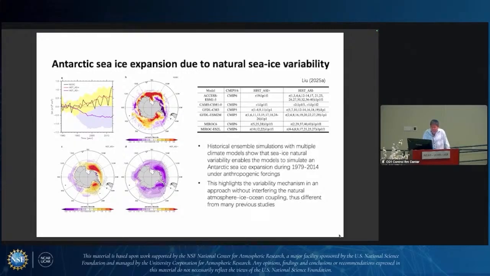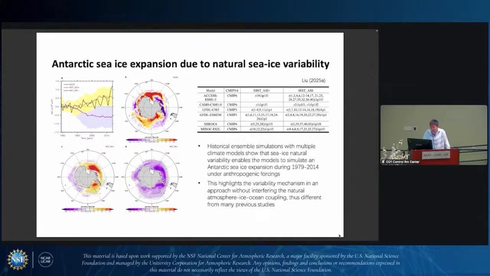Then panel B shows the observed pattern of sea ice concentration change, C the expansion group, and D the decline group. So we can see the historical ensemble simulations from several climate models show the sea ice natural variability enables the models to simulate Antarctic sea ice expansion during 1979 to 2014 under anthropogenic forcing.